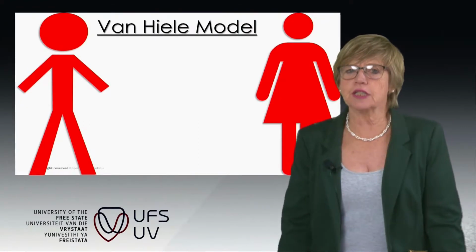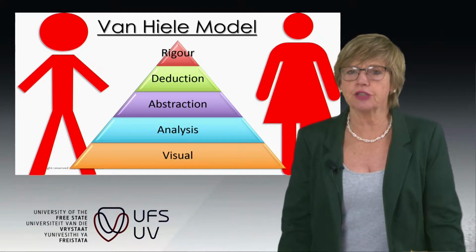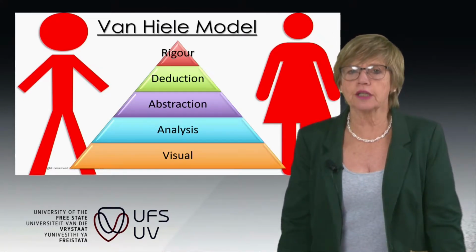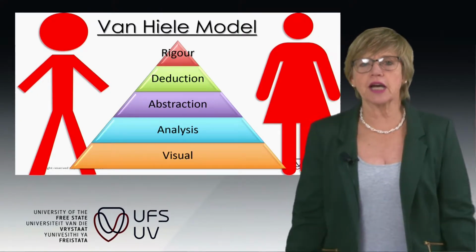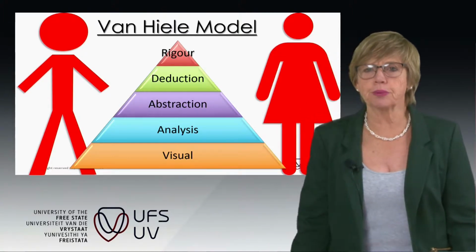These observations led them to develop a model involving 5 levels of geometric reasoning through which a learner passes when learning, from being able to recognize a figure to finally writing a formal geometric proof.